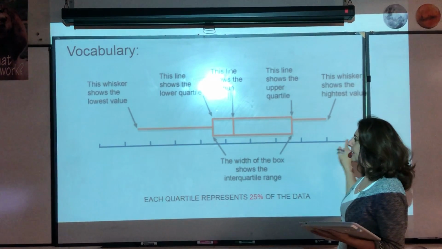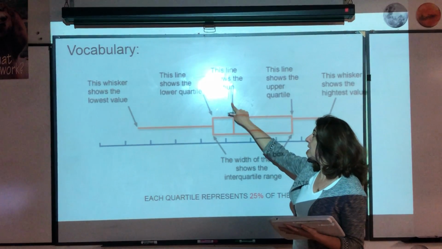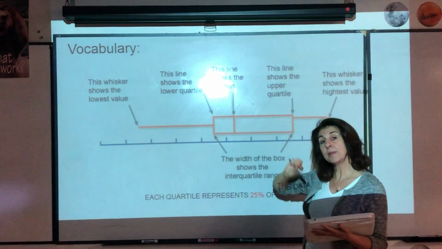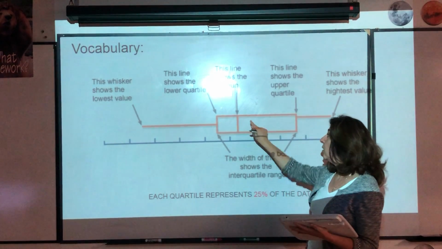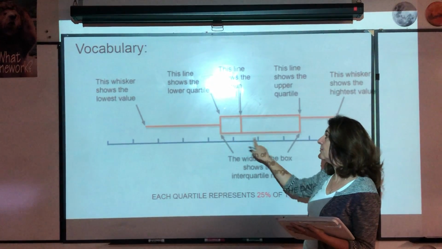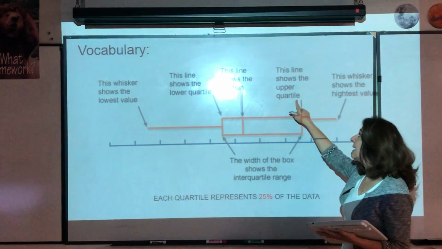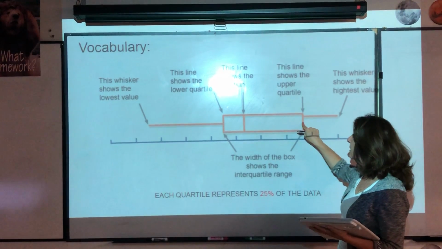So number line. The first information we find usually is the median. When we find the median of our set of data, we mark it right here in our number line. Then we find the lower quartile and upper quartile, and we mark those two numbers as well.